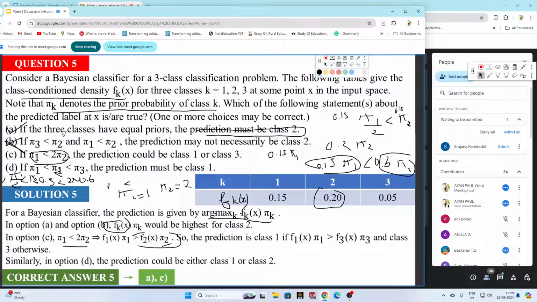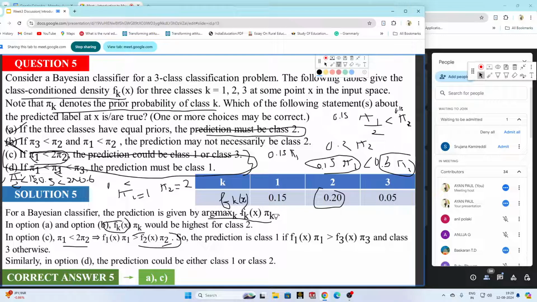So option A you already have understood, right? And option B also understood. Please check with C and D. There is some problem, I think. So that is why only focus on A and B. Okay, so this is the thing. You got the concept, right? How to do it?